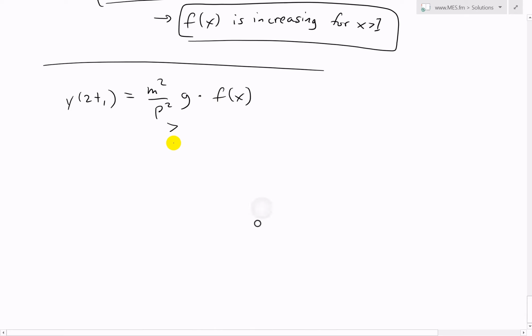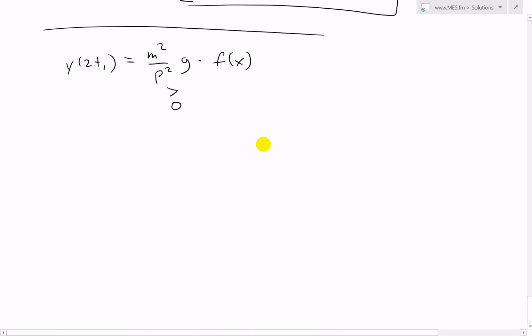So this is greater than 0, because these are all just positive constants. That's acceleration of gravity, and these are squared anyway. So that's greater than 0. And also here, this is increasing, for x greater than 1, and x is greater than 1 for all cases.